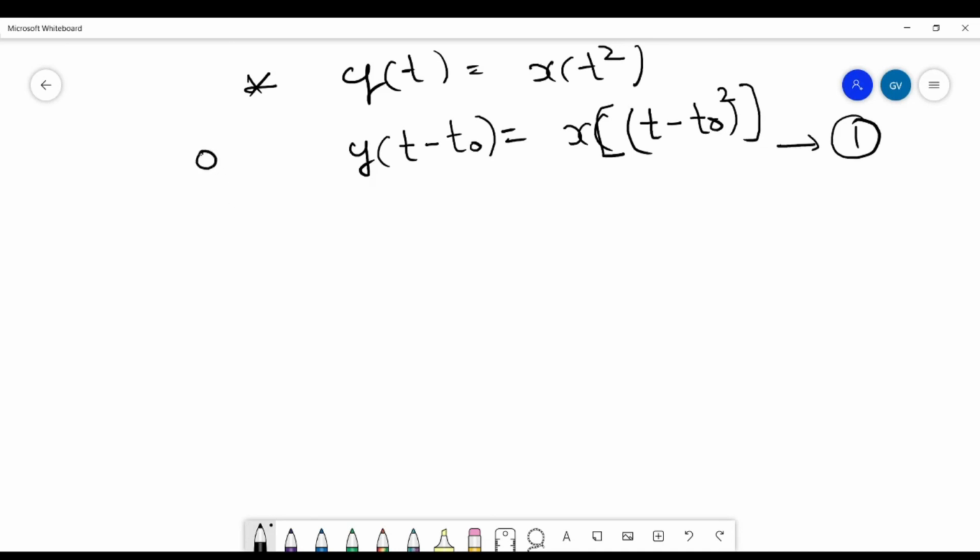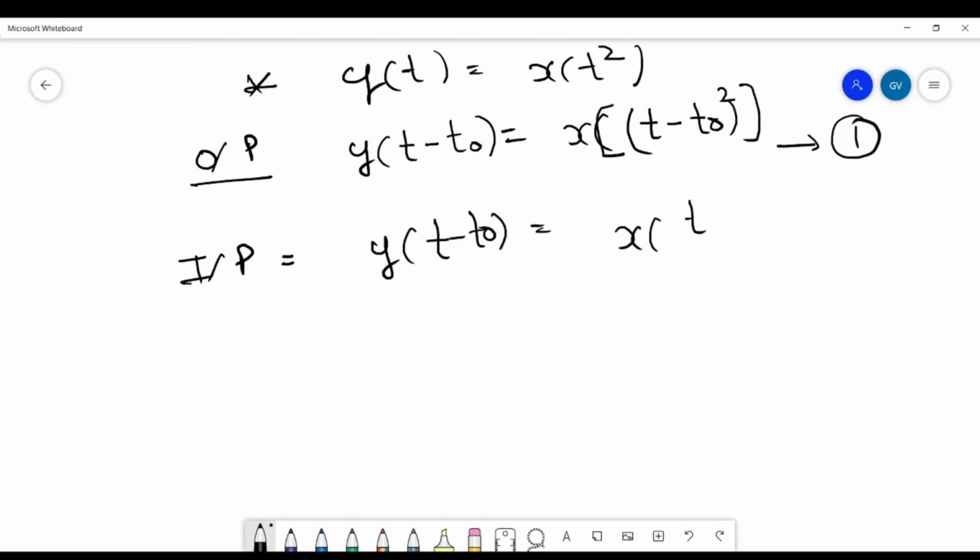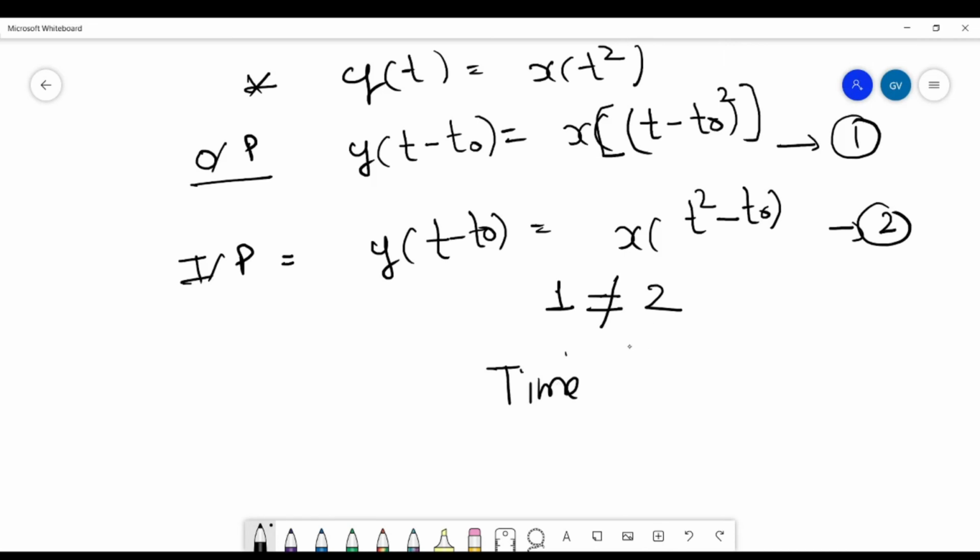Now if I'm making a change in the input, then y of t minus t naught will be equal to x of t square minus t naught. If I compare equation 1 with equation 2, these are not equal. So this is varying with time. So this is a time variant system. This is a basic shortcut to understand time variancy and time invariancy.